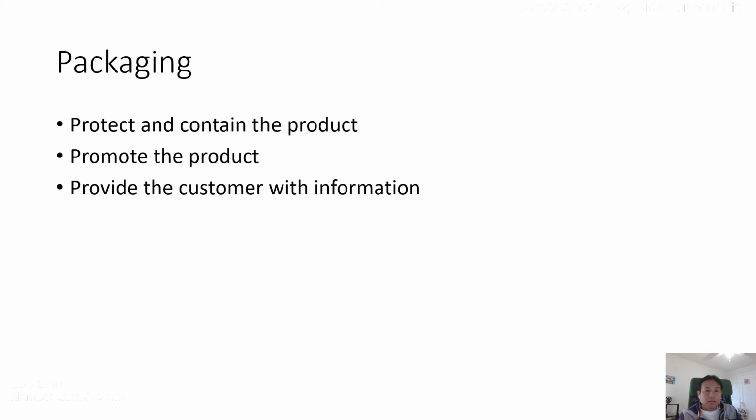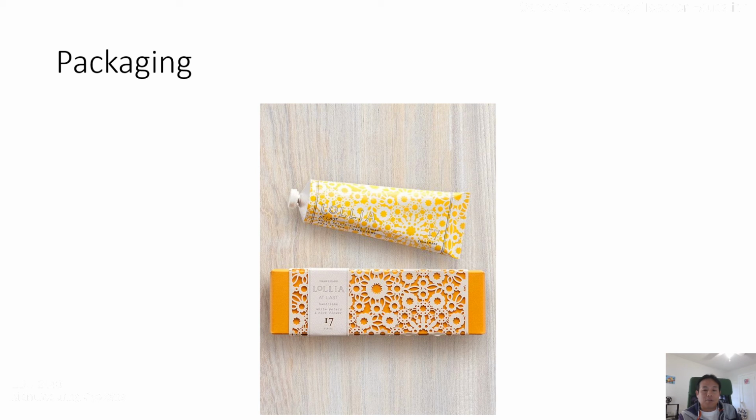And then finally, the packaging. Packaging is also a way to protect and contain your product, as well as promote the product by displaying images of your product and providing customers with information. I prepared some examples of this. So inside, its design is here.